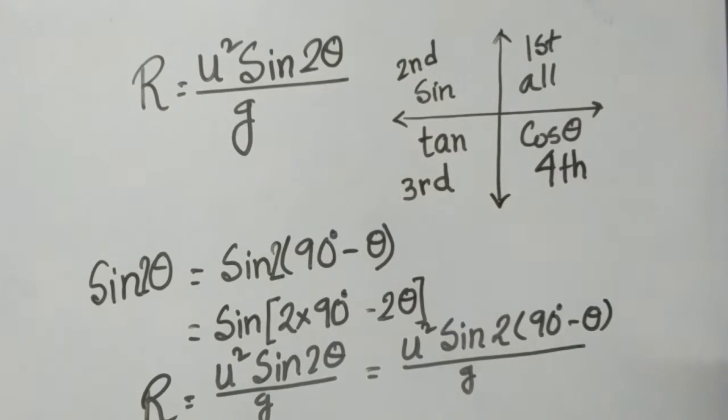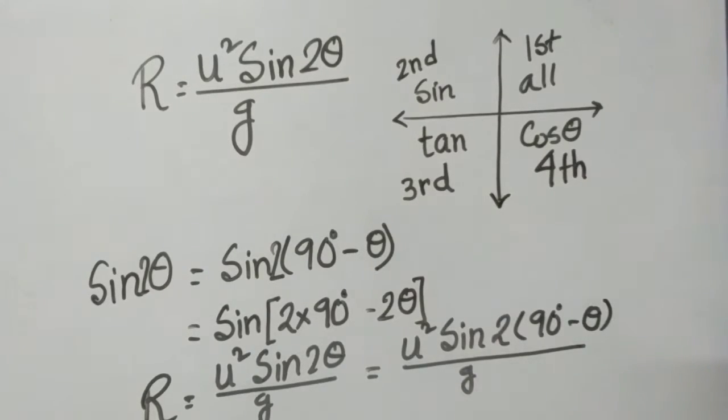In both of the cases these equations can be written. So range is equal if the particle is thrown at an angle theta or at its complementary angle. This was introduced by Galileo in his famous book, Laws of Two Sciences.